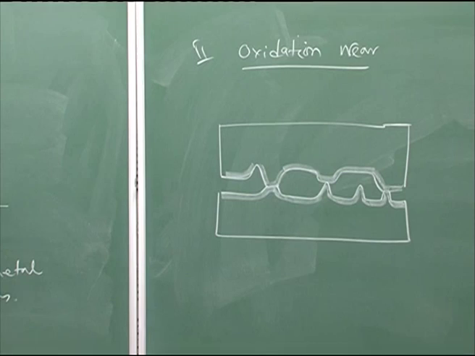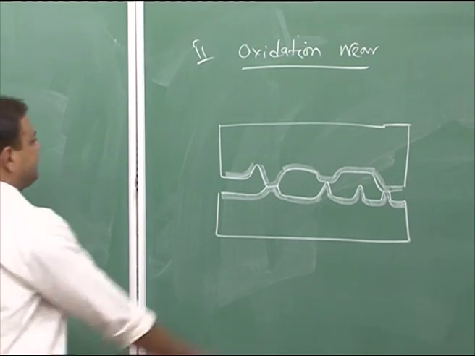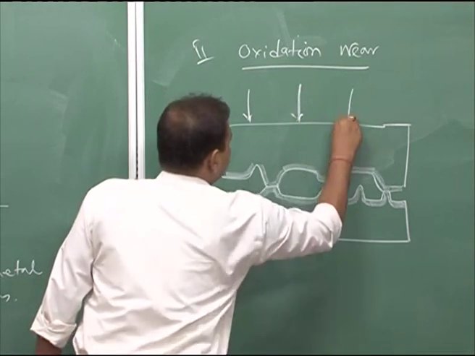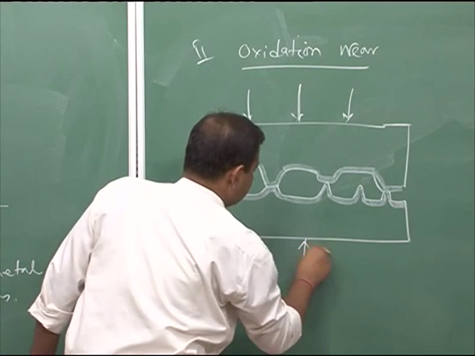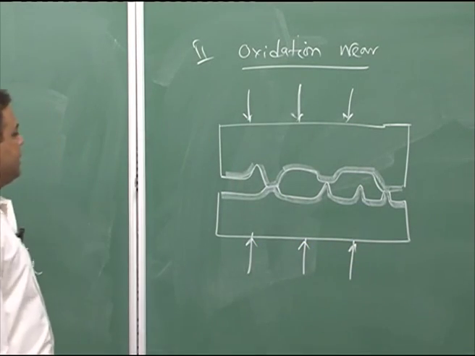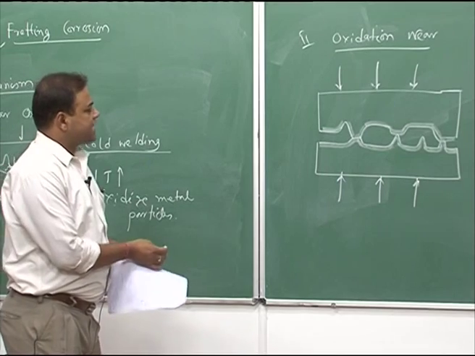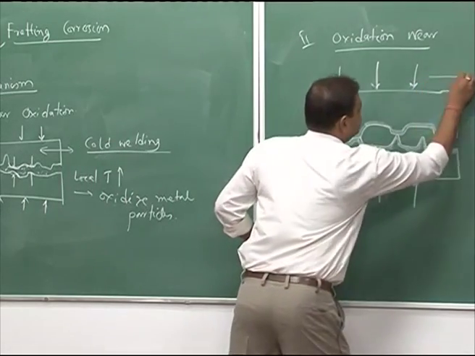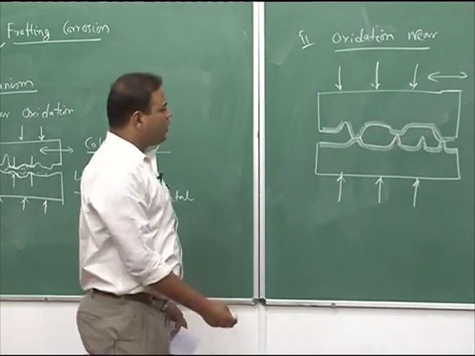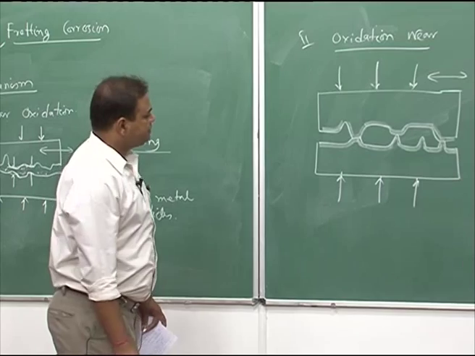So, the situation was like this, and that is under pressure, and then if we have this small relative movement, what would happen?